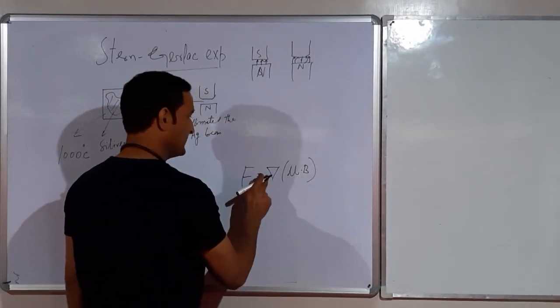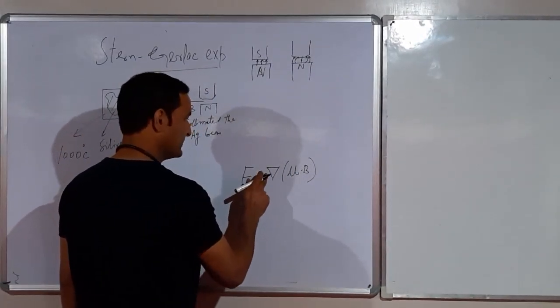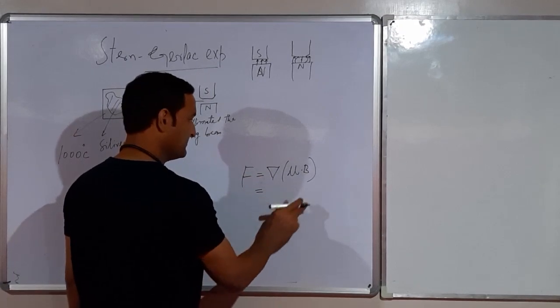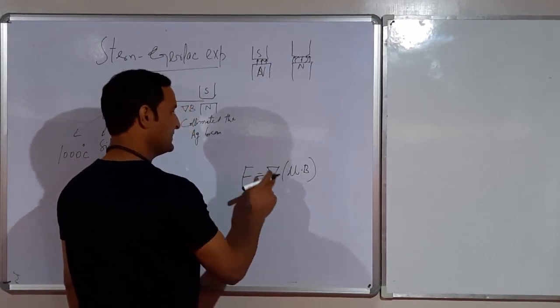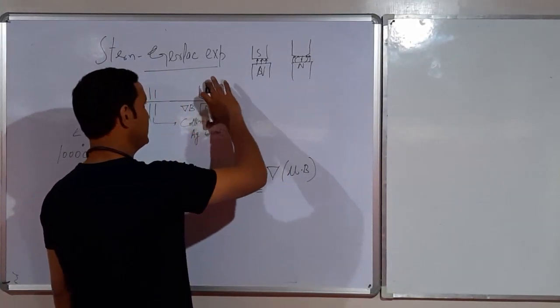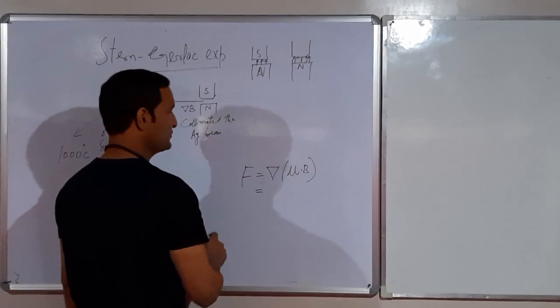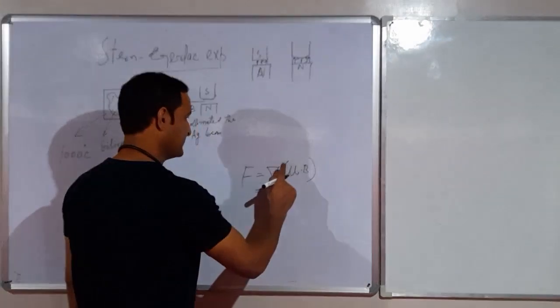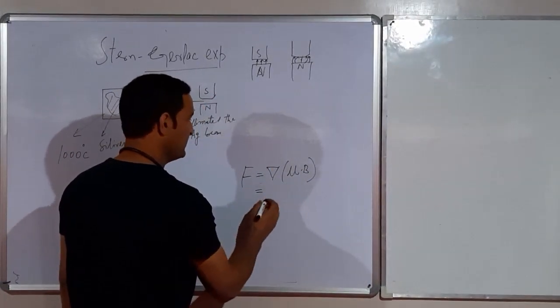It can be written as partial by partial x, partial by partial y, partial by partial z, that is along the three directions. But here the magnetic field is in a particular direction, the z direction, so we can represent the z component alone.